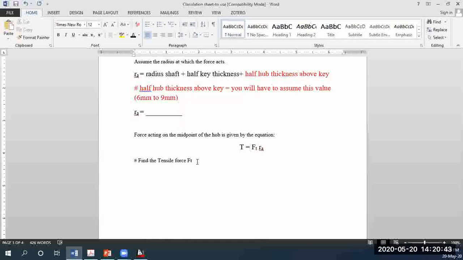You will say that the tensile area which is likely to fail is given by... when I say area, I mean this.